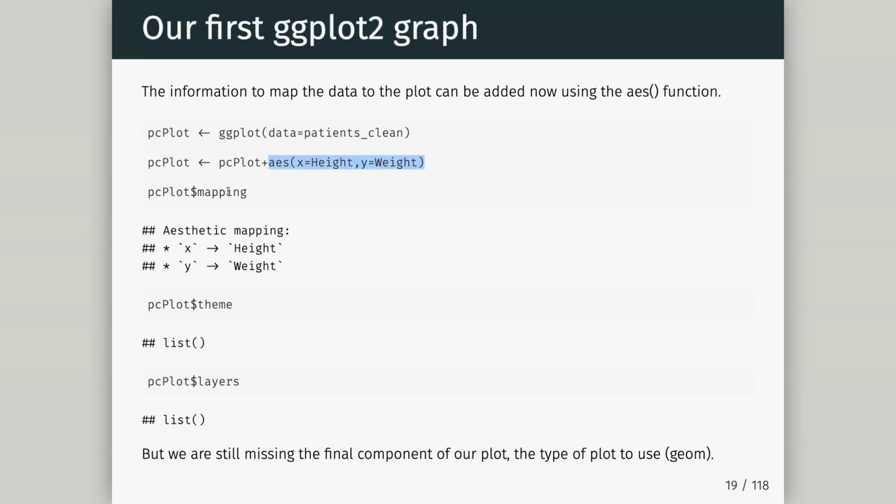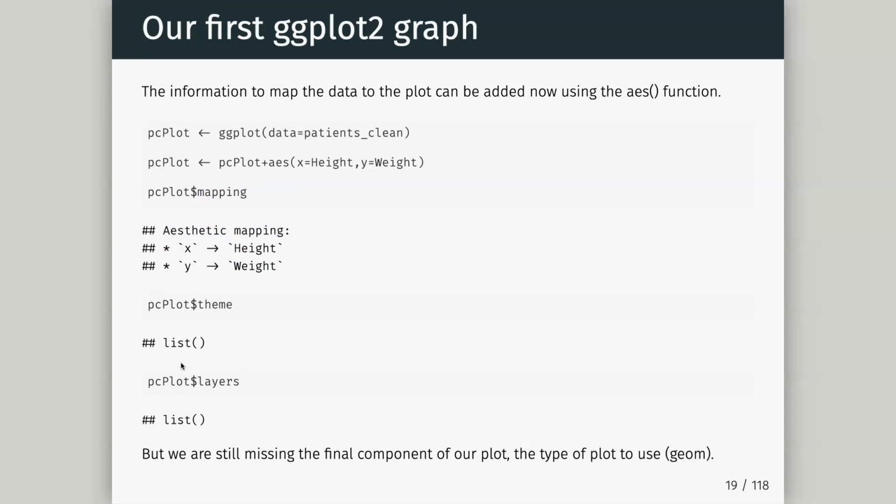If I look at the object now, we have something within that mapping slot. We can see it understands the aesthetic map, x to height, y to weight. We can't really interact with this beyond printing it, but it's telling us some information there. X is mapping to height, y is mapping to weight. We still don't have a theme, and we still don't have a layer.